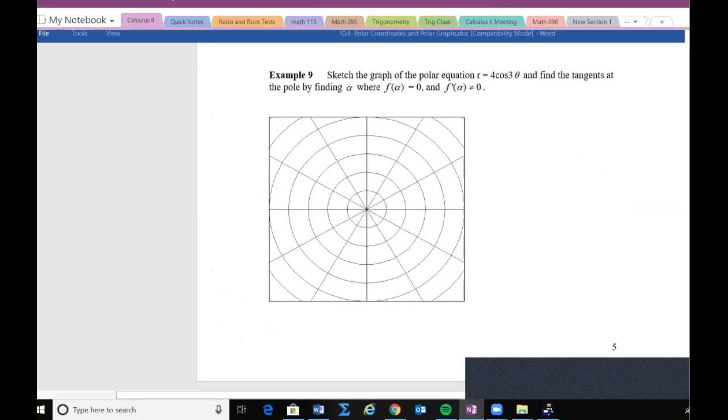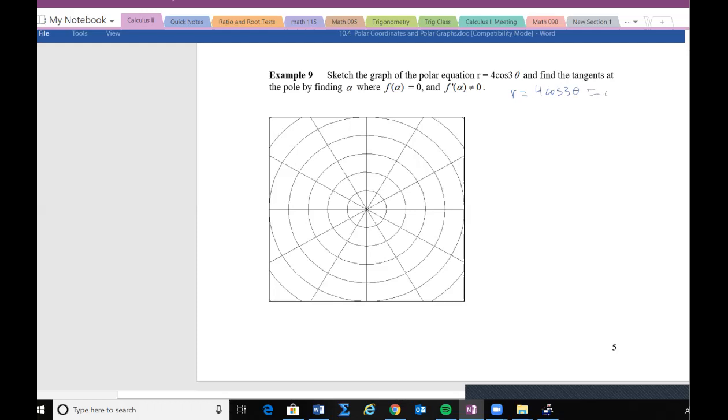Okay, first let's find those tangents at the pole. Now, the theory tells us that they would occur where r was equal to 0. That's where the curve is crossing the pole.